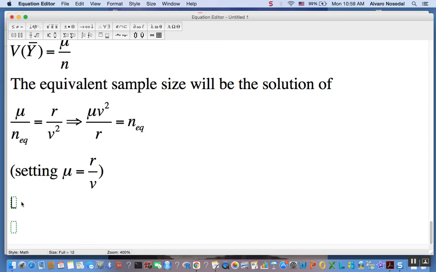So we have mu would be r divided by v, times v squared divided by r.